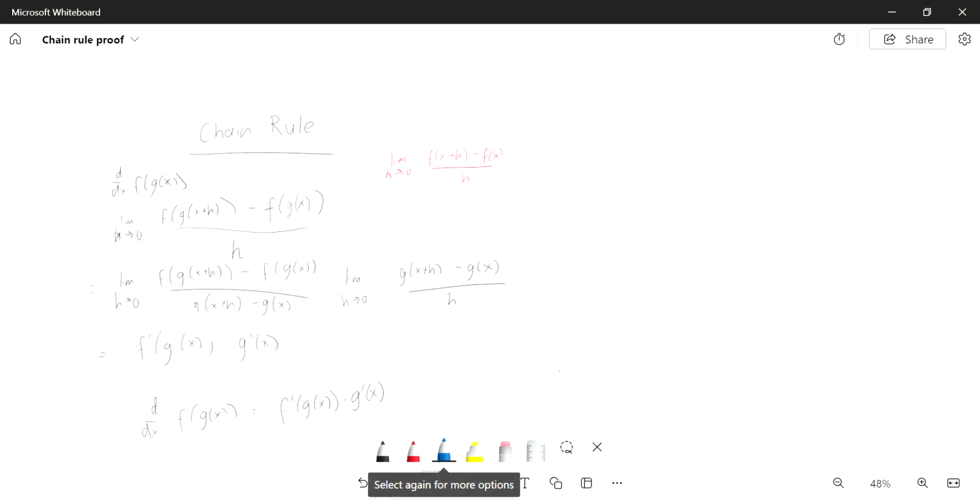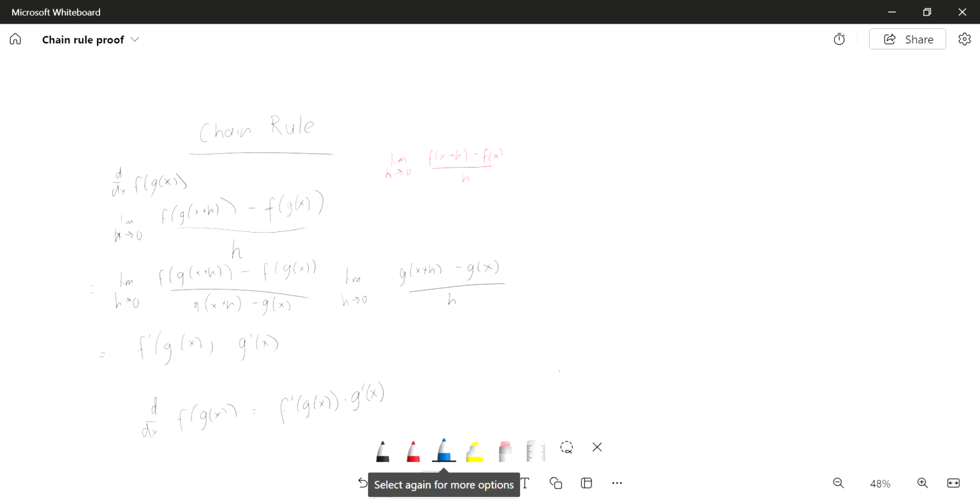Like normal, I always start with a limit definition, which is why I have this line: f of g of x plus h minus f of g of x, all over h. And then I multiply and divide by g of x plus h minus g of x.